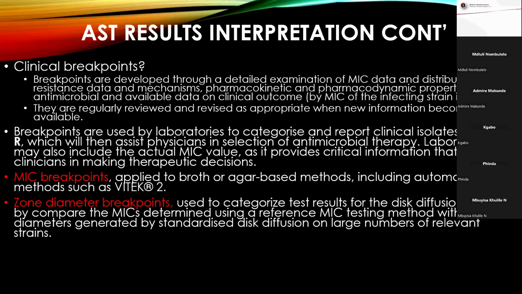So for you to come up with the breaking points, certain work comes in, and it's very practical. And also there are some statistical tools which will be used. A subject is given the antibiotics, you check the mechanism of action, whether it's absorbed. So you're talking about pharmacokinetics and dynamics, whether that organism is released to the tissue. Then also check the concentration within the blood. Then you also check the clinical outcome.